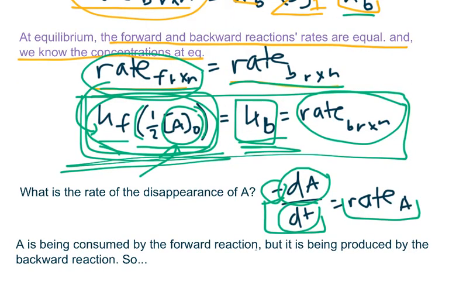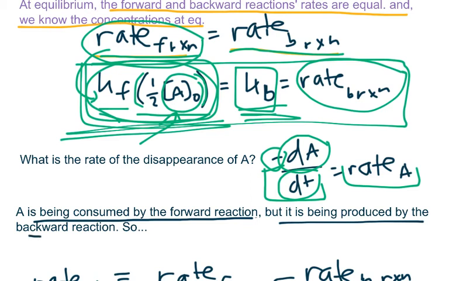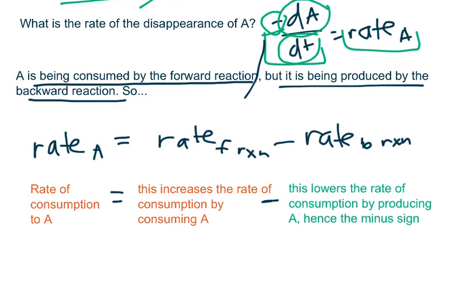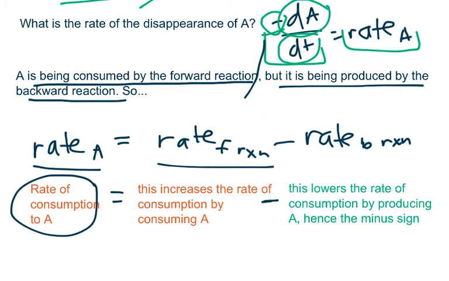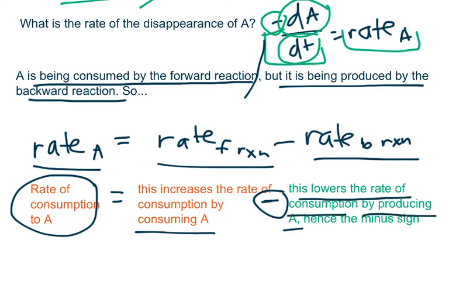Now we have to be a little bit insightful. We know that A is being consumed by the forward reaction, but it is being produced by the backward reaction at the same time. So the rate of the consumption of A, or rate A, is equal to the rate of the forward reaction, or the reaction that is consuming A, minus the rate of the backward reaction, since the backward reaction lowers the rate of consumption by producing A, so it's kind of counteracting what this is doing.